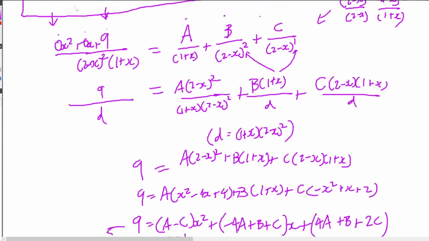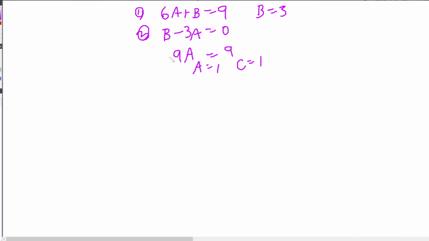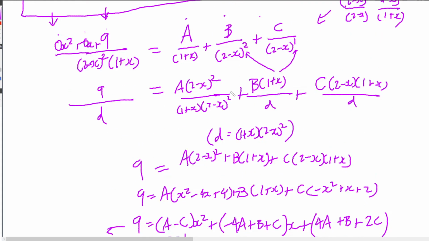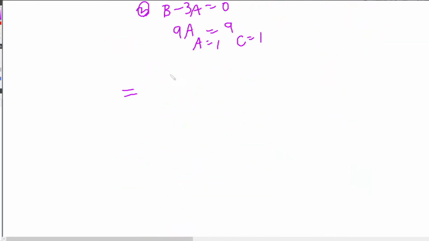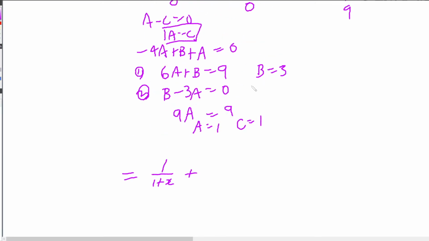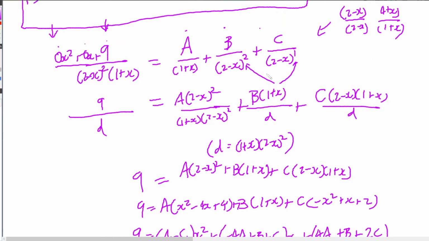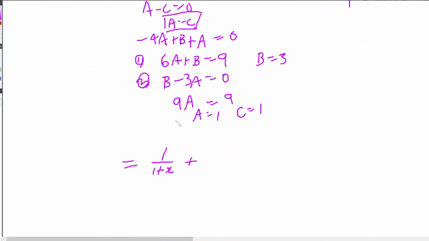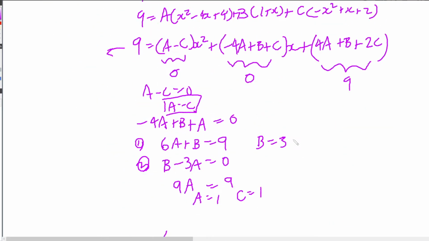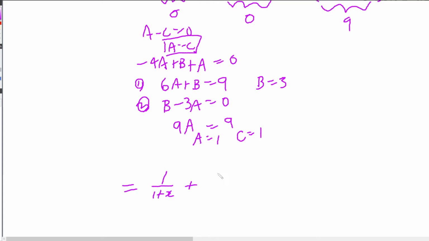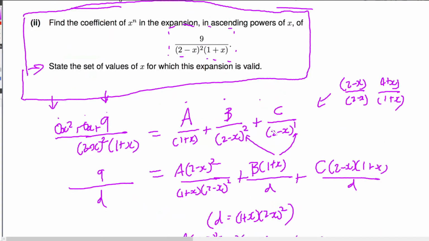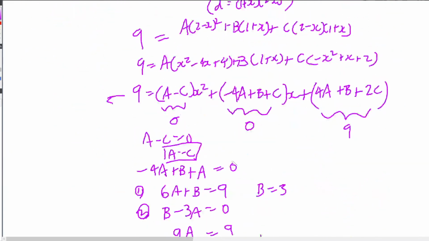So overall, this fraction must expand out to 1 over 1 plus x, plus c over 2 minus x, 1 over 2 minus x, plus b over 2 minus x squared.